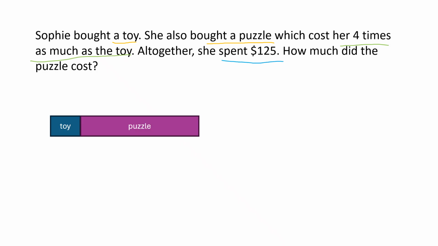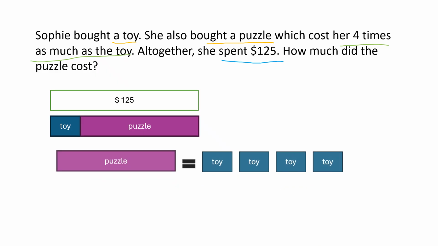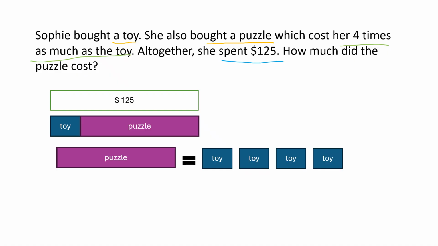All right, so we bought a toy and a puzzle, and together they spent $125. Great, but we don't know what exactly the price of each is. But we do know that the puzzle cost 4 times as much as the toy. So what that means is if we were to buy 4 of the same toy, then that would be the same cost as the puzzle, right?